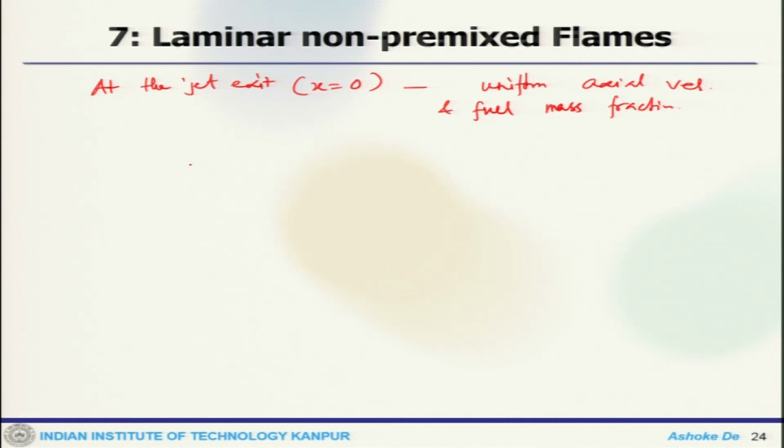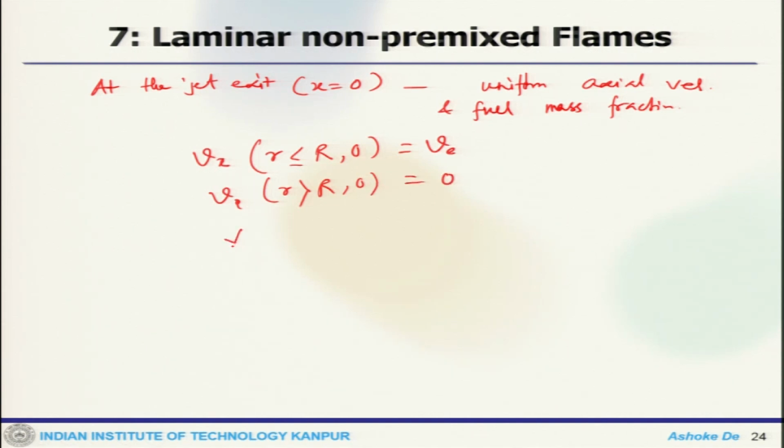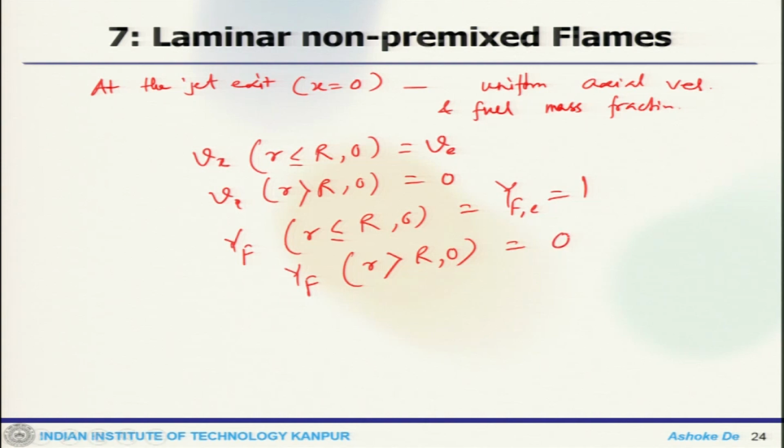So, what you get is Vx for r less than r_e is V exit, Vx for r greater than r_e is 0. Similarly, the fuel mass fraction for r less than r_e is YFE, which is 1, and Yf for r greater than r_e equals 0.